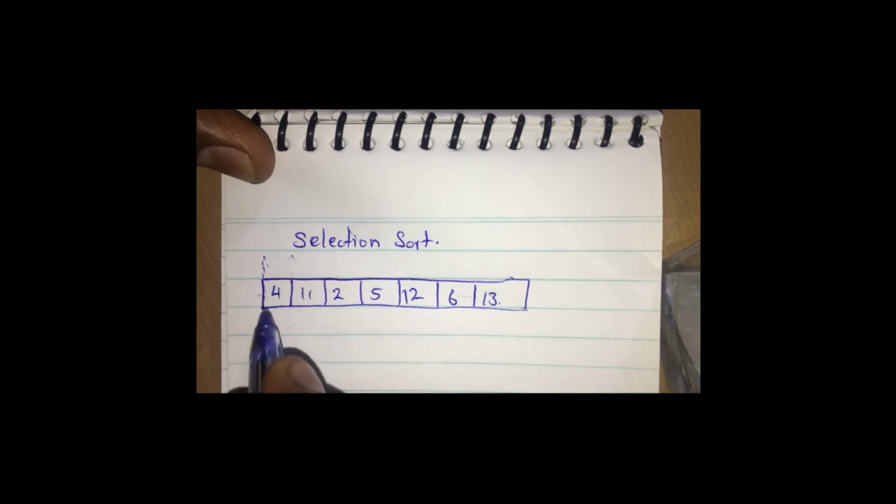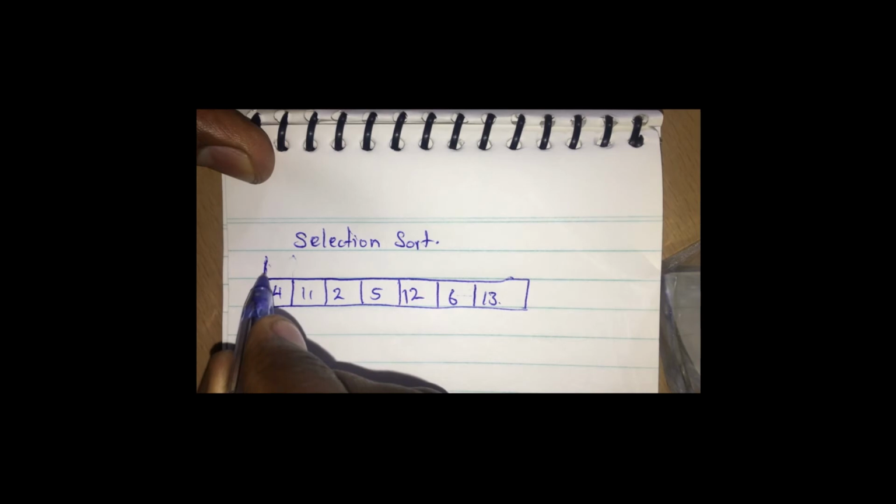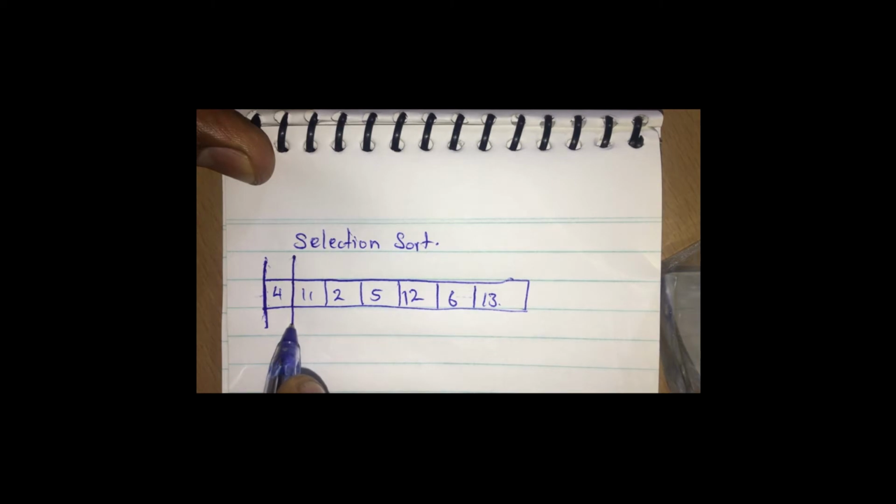So for example here, we are going to move this line one step forward. When we move this here, we are going to look for the least element, then we are going to take it to that first position.